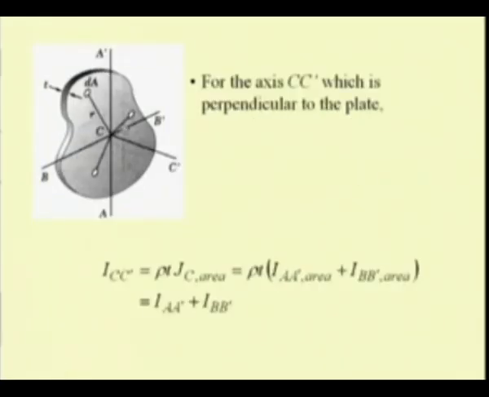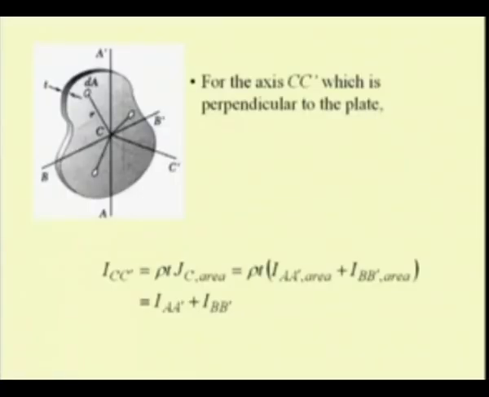Now, let us take the perpendicular axis, that is C C prime, which is perpendicular to the given thin plate. So, we have already seen how to determine the polar moment of inertia, that means the second moment of this area with respect to an axis perpendicular to the given plane of the area. So, let us now extend the discussion to the second moment of the mass.